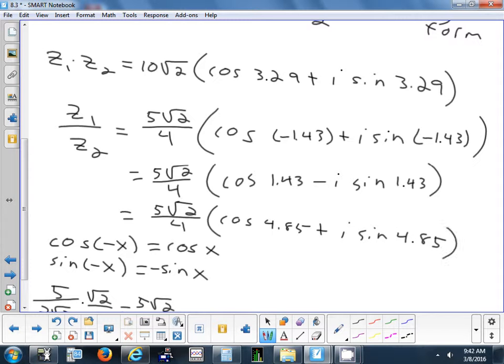You will not have to write both of these on the test. It would be one or the other. Okay, so these are different, but both are correct. One way you used an identity to get rid of the negative or move it. The other way you just added 6.28 to each number to make them bigger.